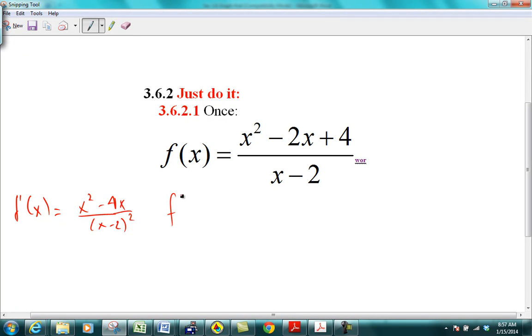So which gives me f double prime is keep the top, okay, differentiate the bottom. Okay, let me just take a look at it. No, wait a minute. Keep the bottom, x minus 2 quantity squared, differentiate the top, minus keep the top, differentiate the bottom, all over the bottom squared.